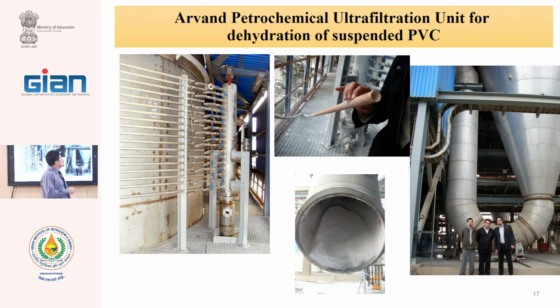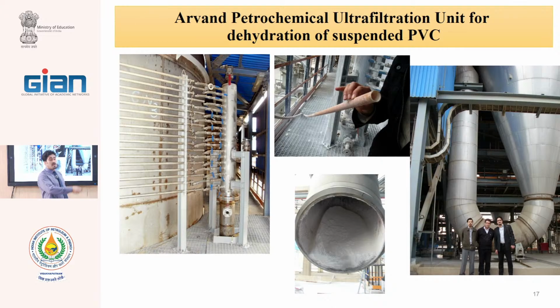One is UF, tubular membranes, which reduce 40% of the water, and the remaining concentrated water goes to the spray dryer.